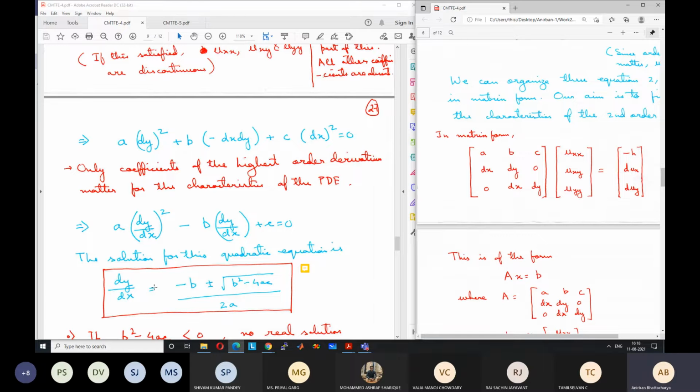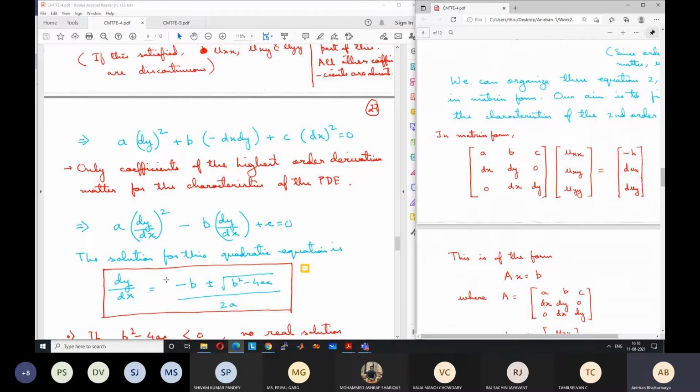If dy/dx is equal to this, then the determinant is 0. And for those points, we will have discontinuity in the second order terms, and those points will constitute the characteristic line.